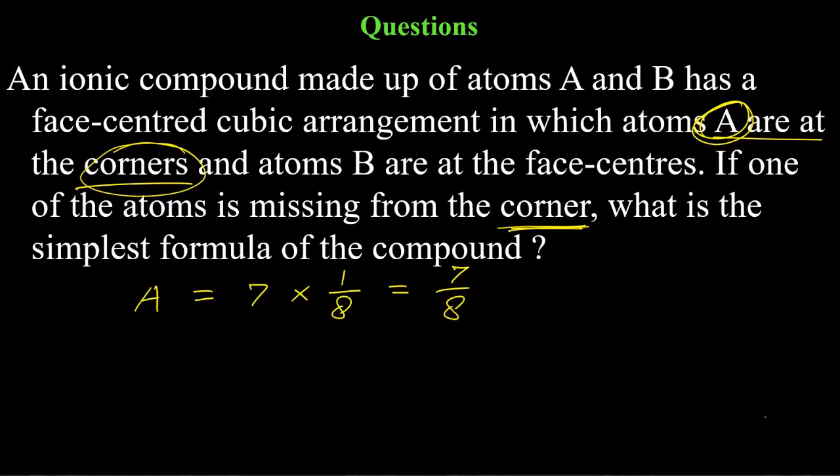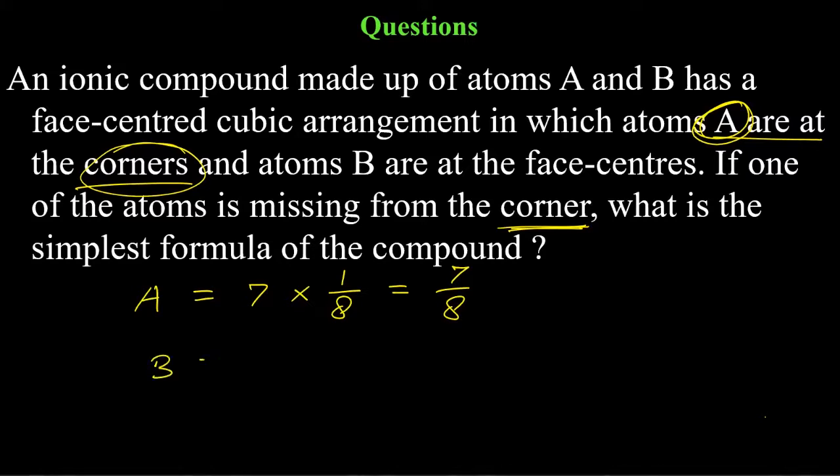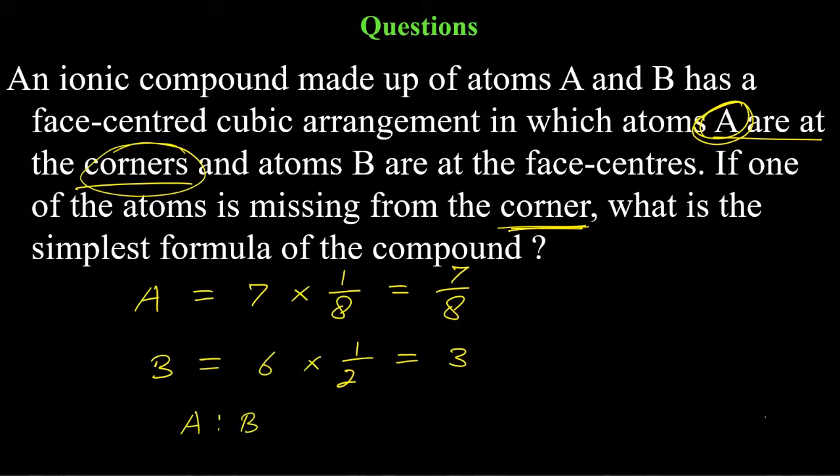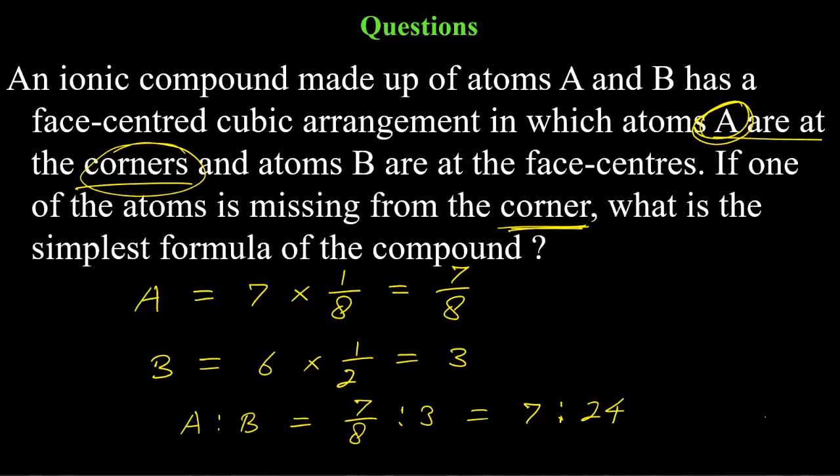So instead of 8, you will consider 7. And B are at face centers. So there are 6 faces and contribution of each face is 1/2. So it will be 3. It means the ratio of A to B is 7 by 8 is to 3. That is 7 is to 24. Means A7, B24.